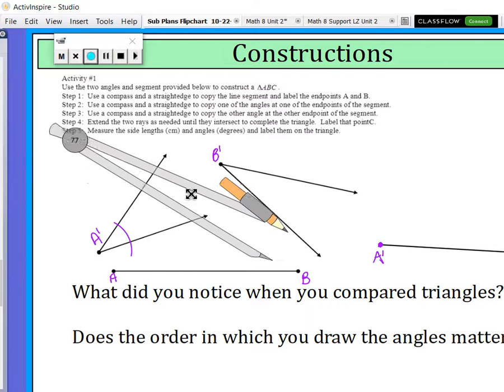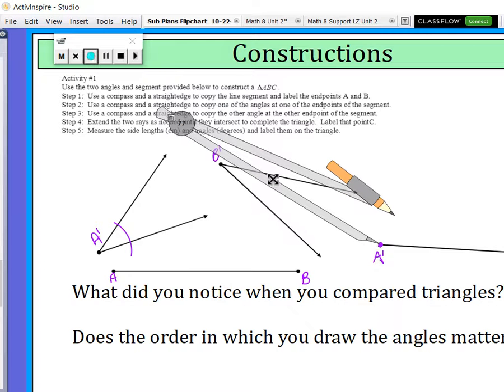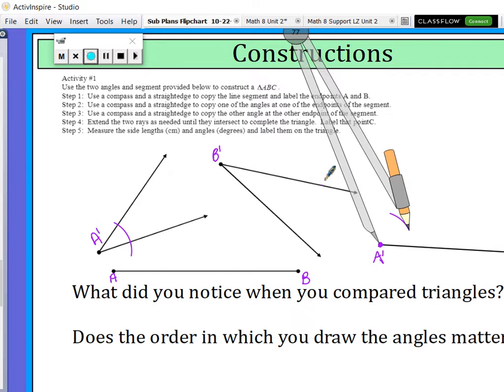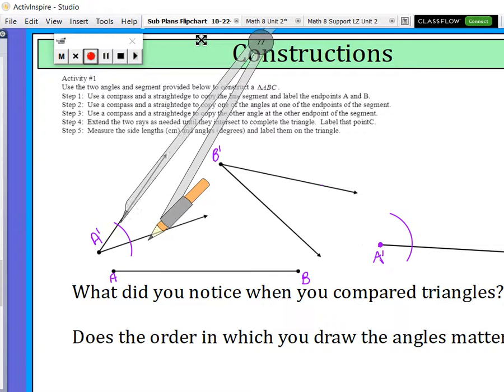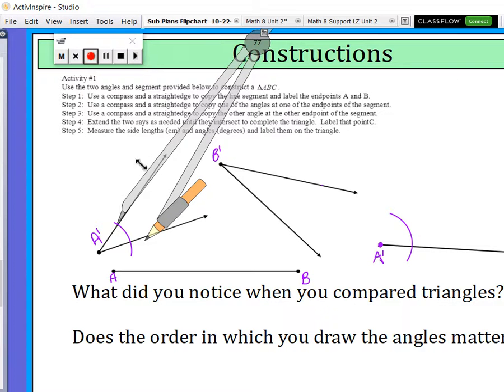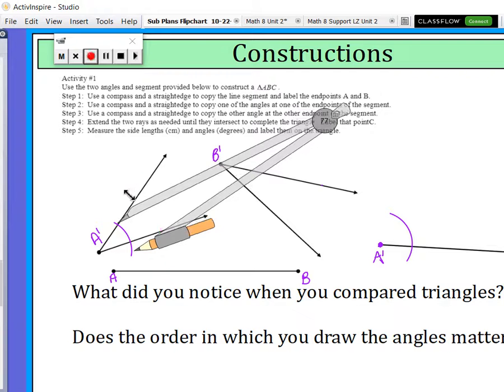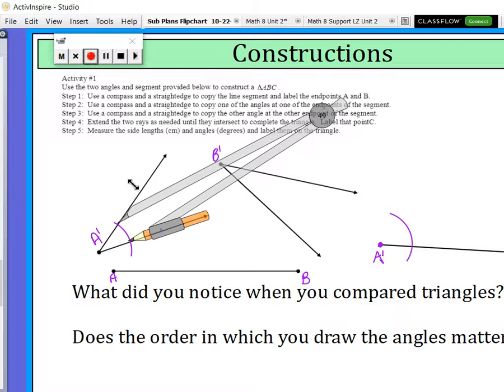You're then going to bring that distance over to A prime, and you are going to copy that distance over onto A prime. You're then going to use your compass to measure the length of that arc, or the distance between the two sides of the angle, which you're going to use the arc to do.